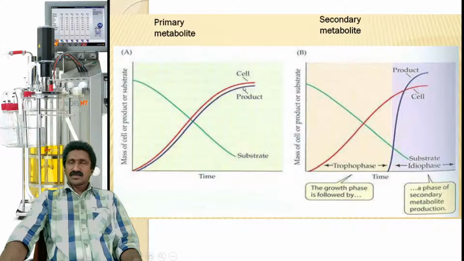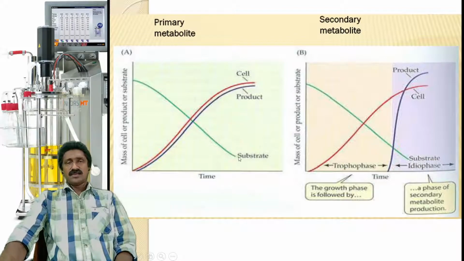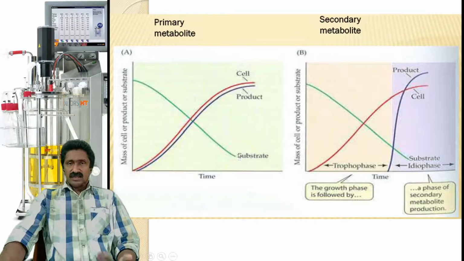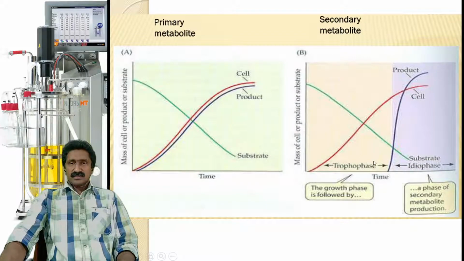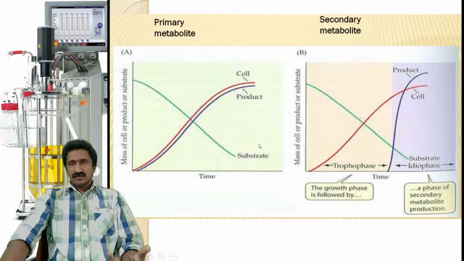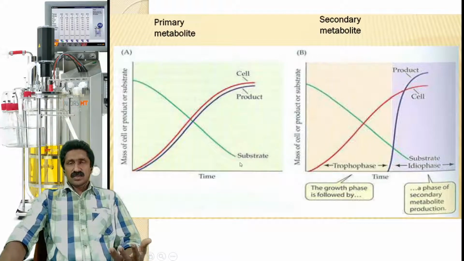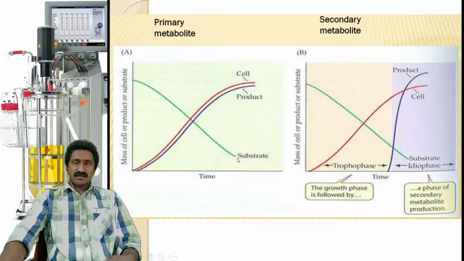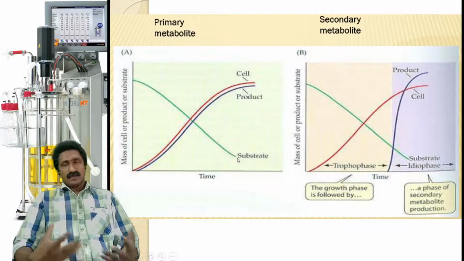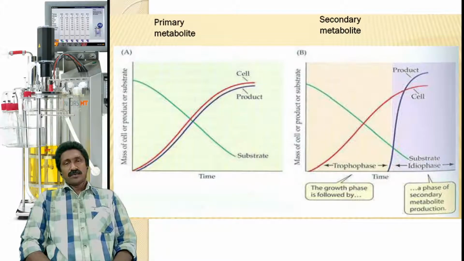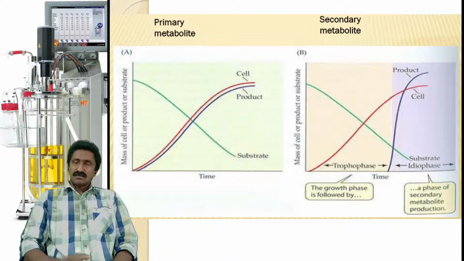By the time it reaches the stationary phase, there will be a shortage of substrates. That substrate shortage also induces secondary metabolite production. So the phase where the substrate is present at a minimal level is the optimal phase for the production of a secondary metabolite.